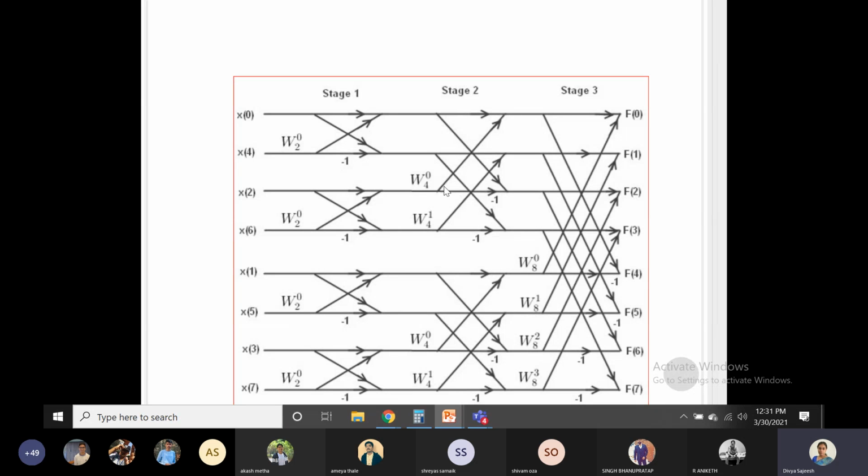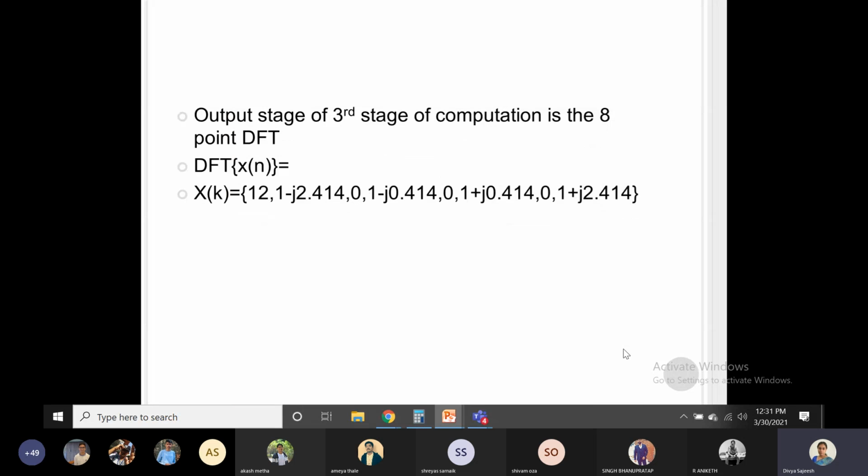In the second stage, I used the 4 input butterfly diagram, like that I used 2. Now in the last stage, I clubbed those 4 inputs together to obtain 8 inputs, in the 8 input butterfly diagram, and finally I obtained the output. So the output stage of the third stage of the computation, we are obtaining this as your output.